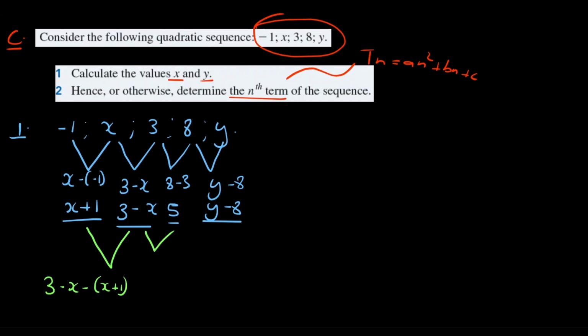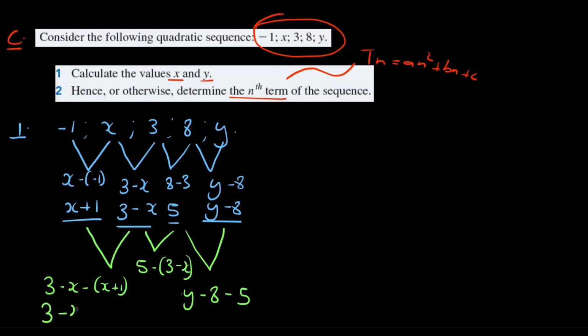Then we're going to say 5 minus 3 minus x. Then we're going to say y minus 8 minus 5. And really this looks a little bit messy. So just really try to visually look at how you can simplify this.